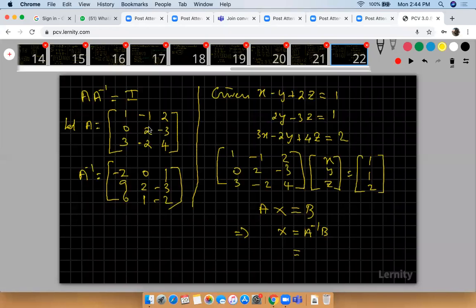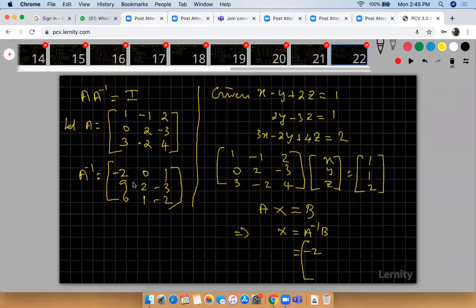If this is your A, then what is the inverse of this A? This is the inverse. Directly apply that. No need to go for the determinant and adjoint of A, because we already got our A inverse. If you find the determinant and adjoint of A, again you will get the same answer. No need to do that because the question says to use the product given.